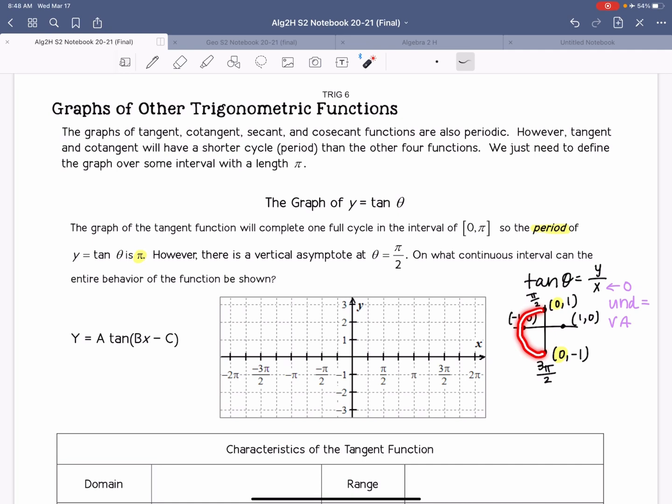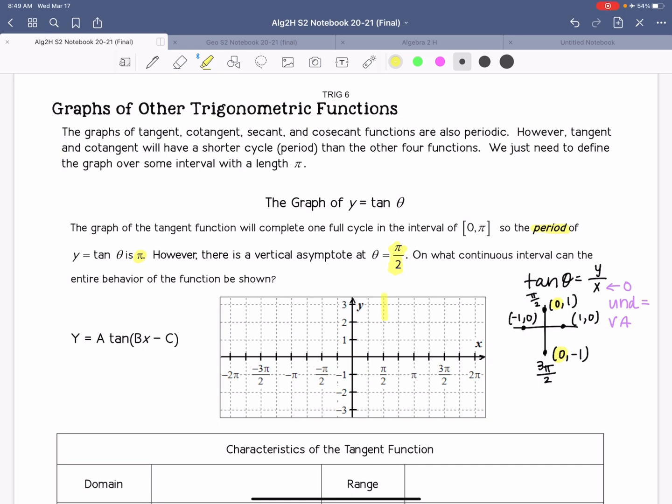And we know 180 degrees in radians is pi. So that's why our period is pi, because every 180 degrees, it doesn't work. So asymptote, asymptote, asymptote, and it just keeps going like this. That's why I have a distance of pi for these graphs. The period is pi.